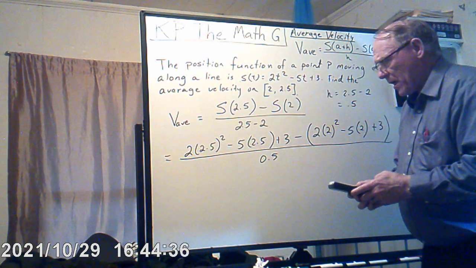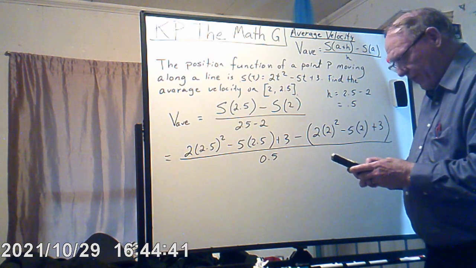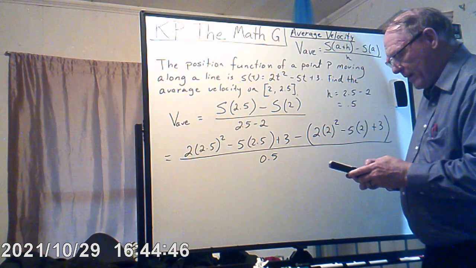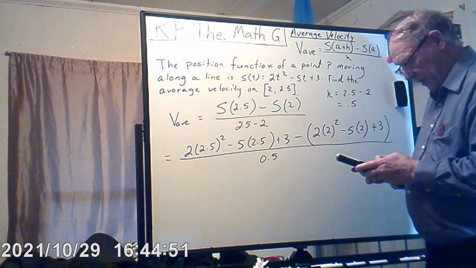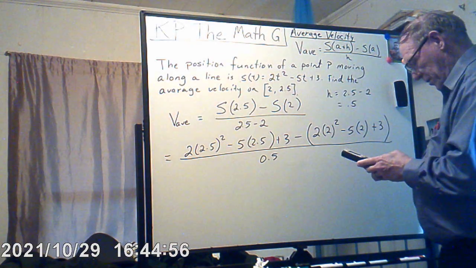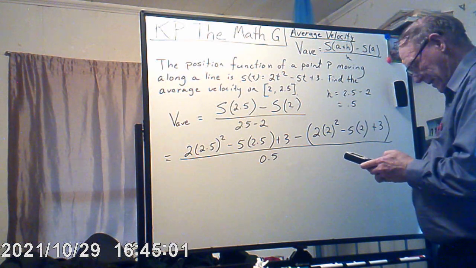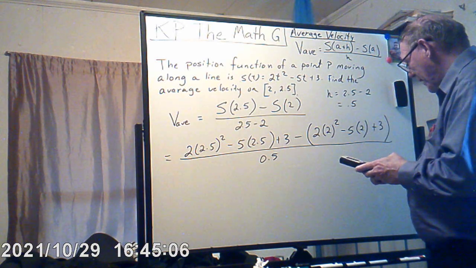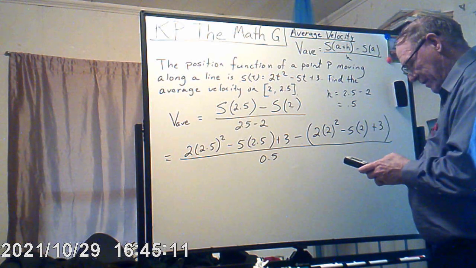This is 2 times 2.5 squared minus 5 times 2.5 plus 3, minus, in parentheses, 2 times 2 squared, which I believe to be 8, minus 5 times 2, which is 10, and then plus 3, close the parentheses.